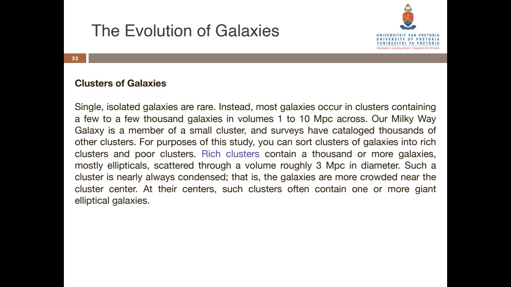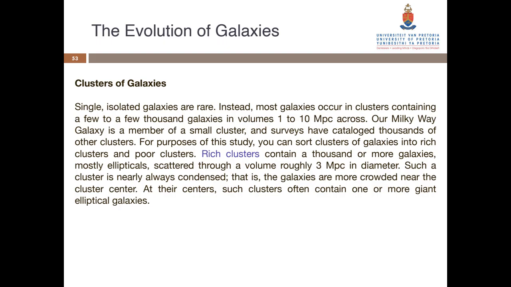The Virgo cluster is an example of a rich cluster. It contains more than 1,500 galaxies and is 16.5 megaparsecs from our own galaxy. The Virgo cluster, like most rich clusters, is centrally condensed and contains the giant elliptical galaxy M87 at its center.